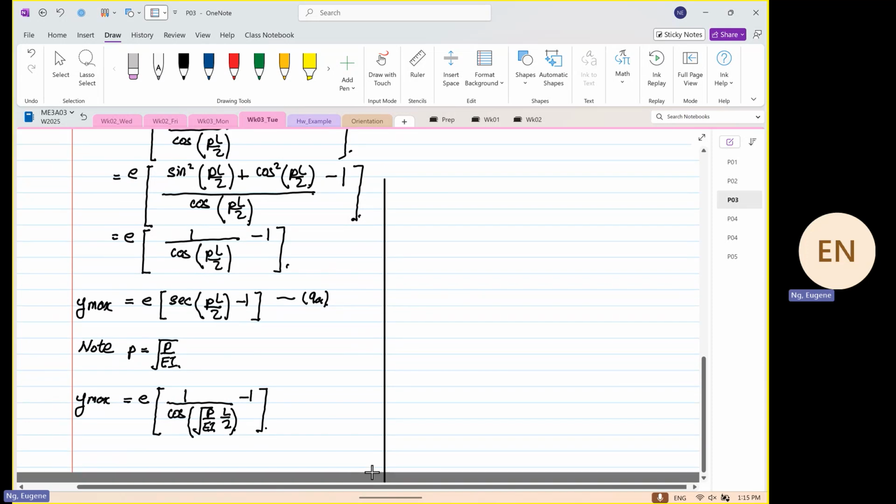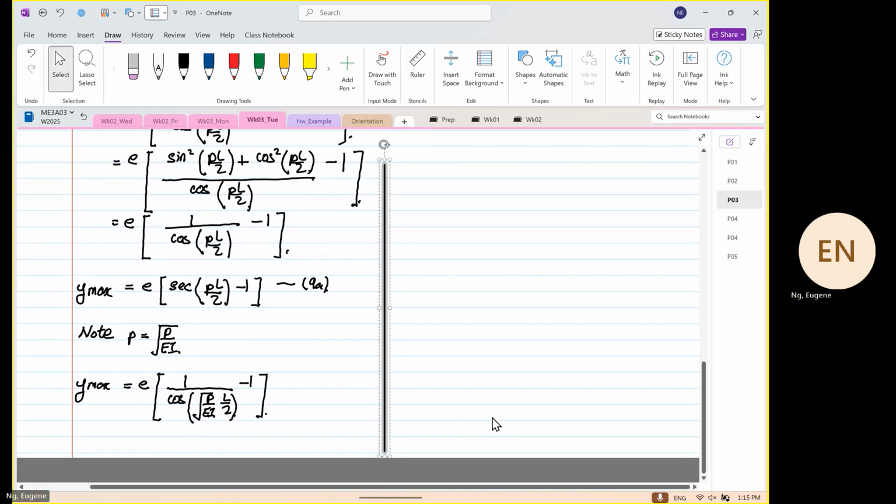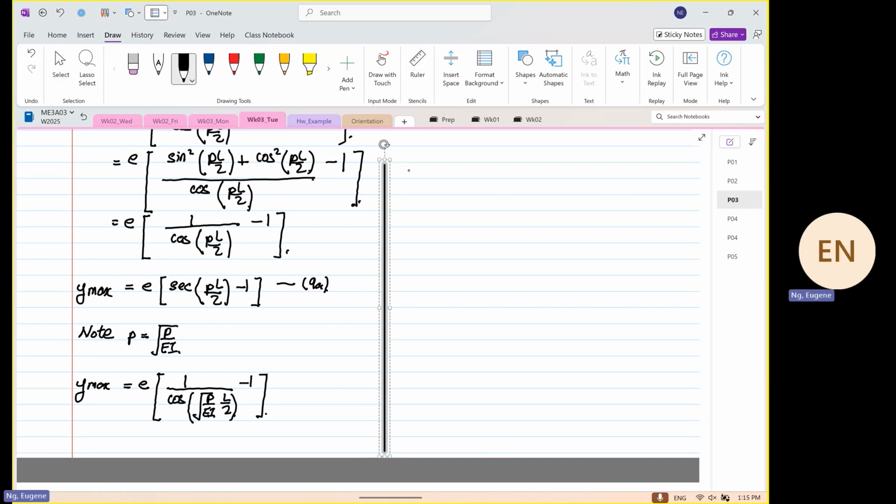But a condition that is true is that note Y max will tend towards infinity when what? Cos pi over 2, which is equal to 0.